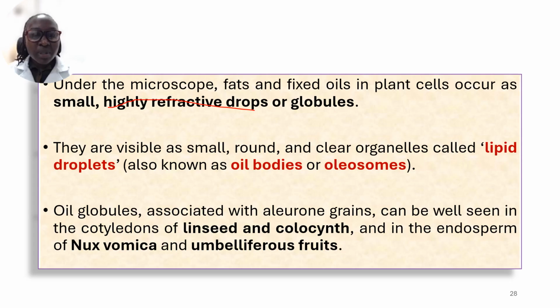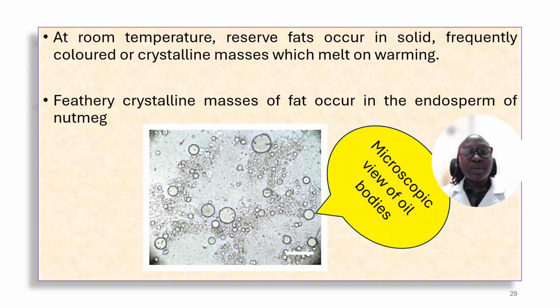Oil globules associated with aleurone grains can be well seen in the cotyledon of linseed and colocynth, and in the endosperm of Nux vomica and umbelliferous fruits. At room temperature, reserve fats occur in solid, frequently colored and crystalline masses which melt on warming, and feathery crystalline masses of fat occur in the endosperm of nutmeg.